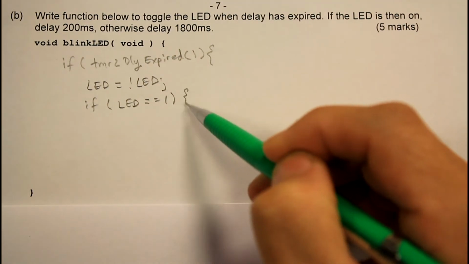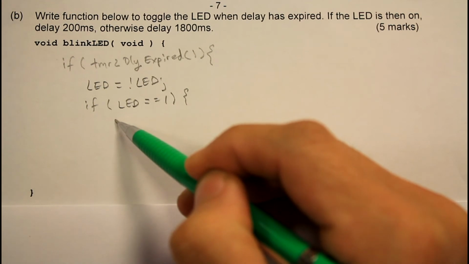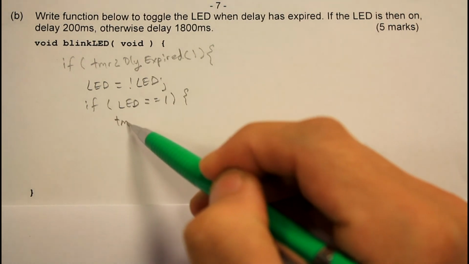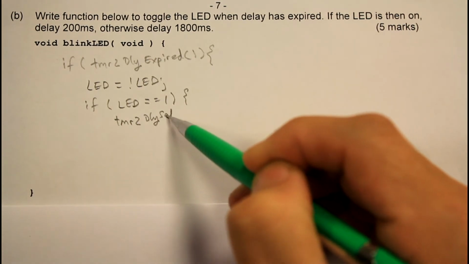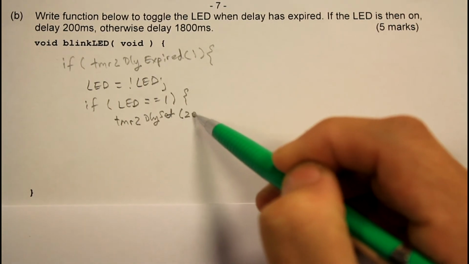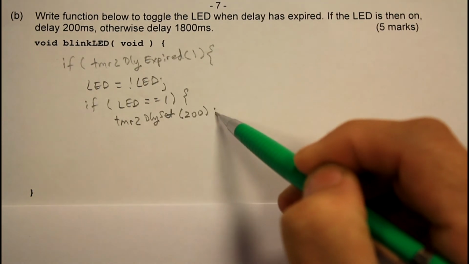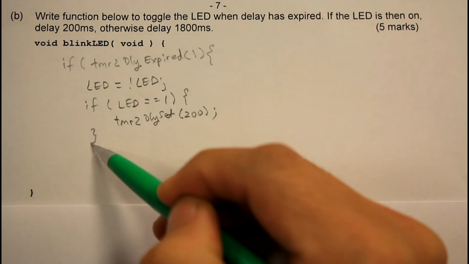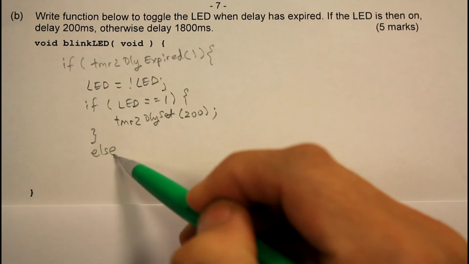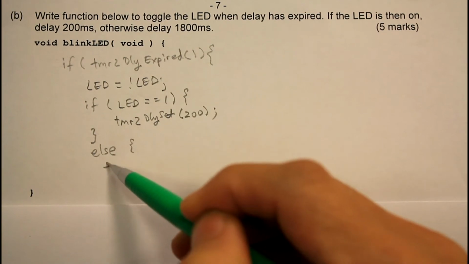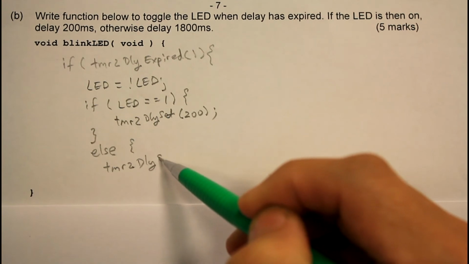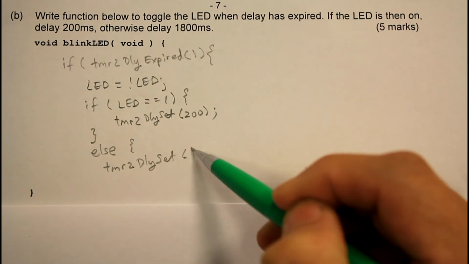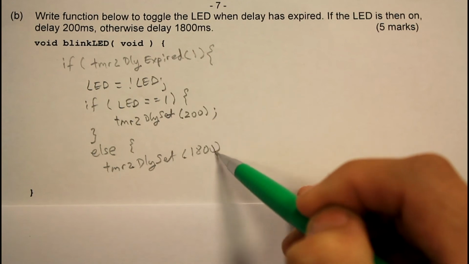So we have to set a delay of 200 milliseconds. Otherwise, we have to set a timer delay of 1800 milliseconds.